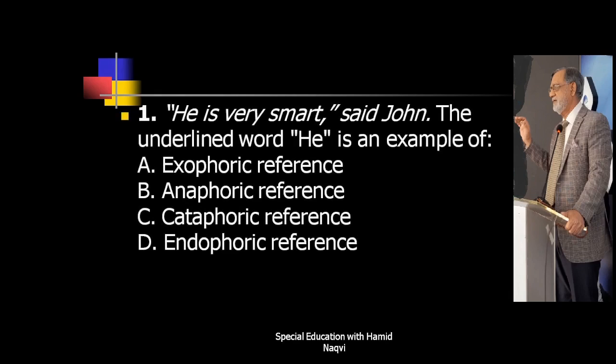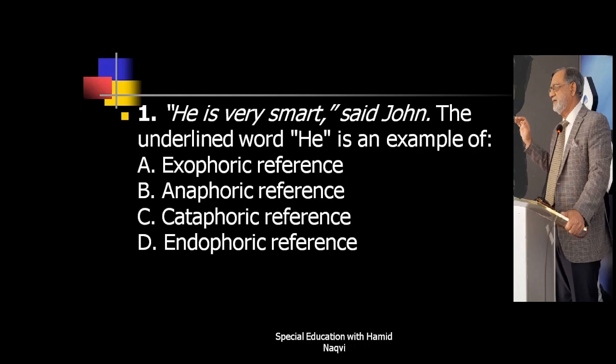Now let's have exercise. Let's have MCQs that would make the concept absolutely clear. First MCQ is, he is very smart, said John. The underlined word, that is he, is an example of what? In this sentence, he is very smart.